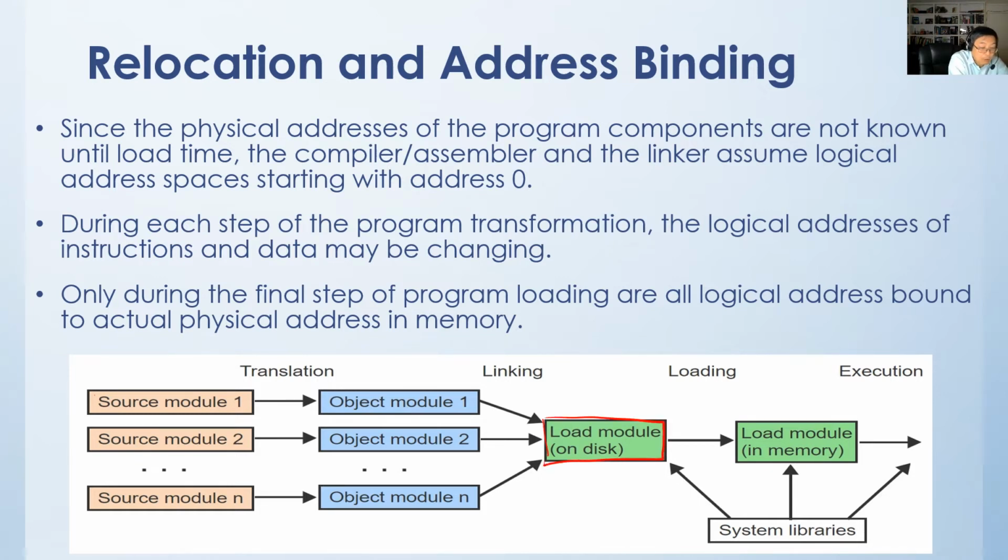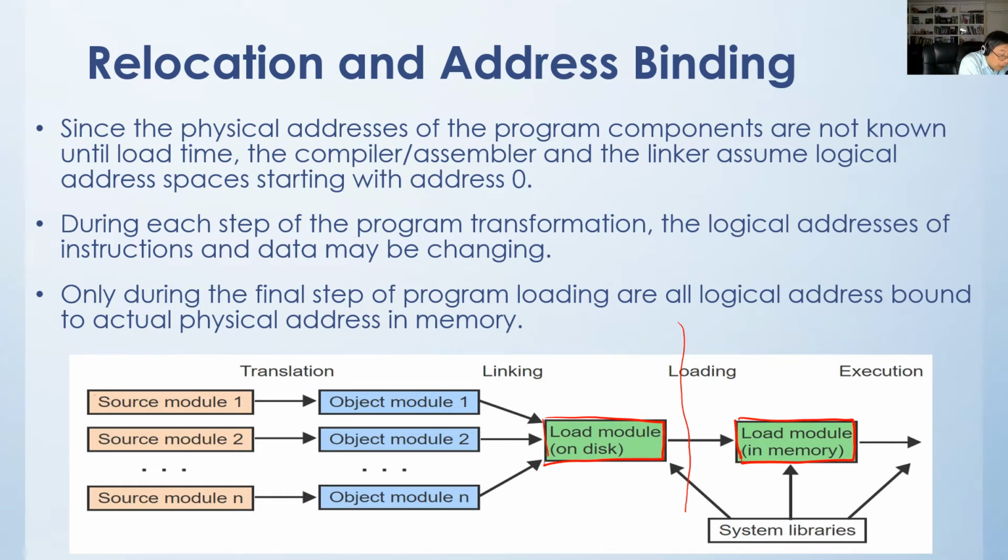The load module is eventually loaded into the physical memory, and during that time, all the logical addresses are bound to actual physical addresses in memory. Before the actual loading, everything is in the logical address space.